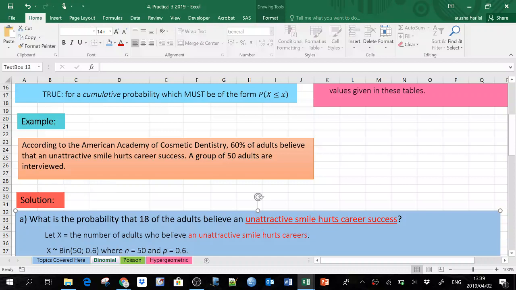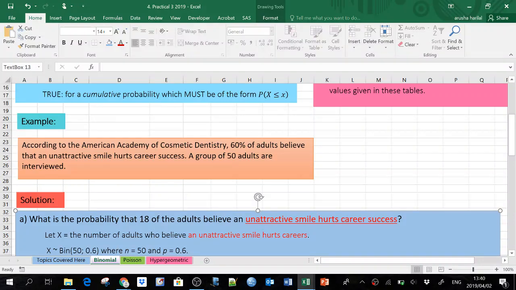And it represents the adults who believe that an unattractive smile hurts career success. So we have one of two outcomes. It's either going to hurt your career success, that is an unattractive smile, or it will not hurt. So hence, we've got a success and a failure.